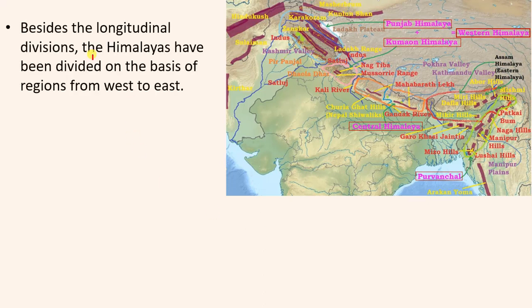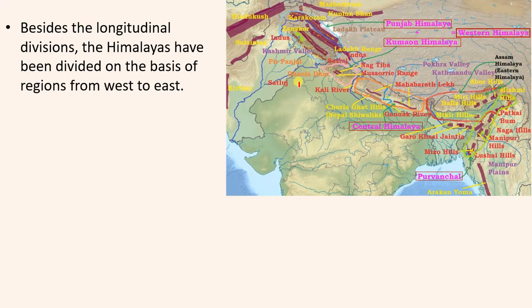Besides the longitudinal division, the Himalayas have also been divided on the basis of region from west to east. In the previous slide we discussed the three parallel ranges from north to south.